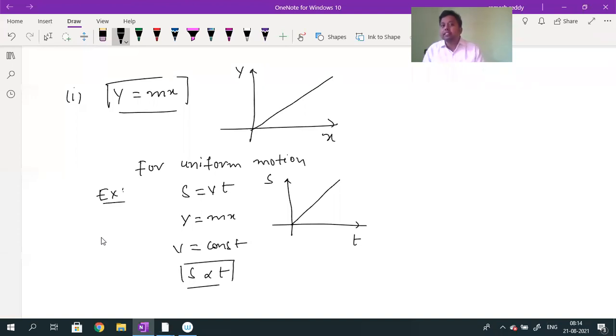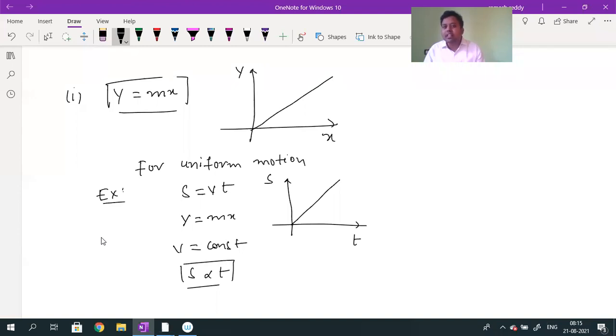Whenever two quantities are directly proportional, the graph drawn between the two quantities will be a straight line passing through origin. That you have to remember. When the graph is a straight line passing through origin, the two quantities are directly proportional.